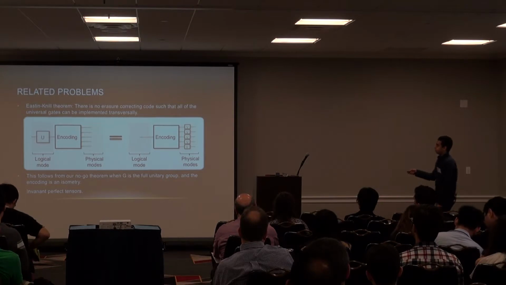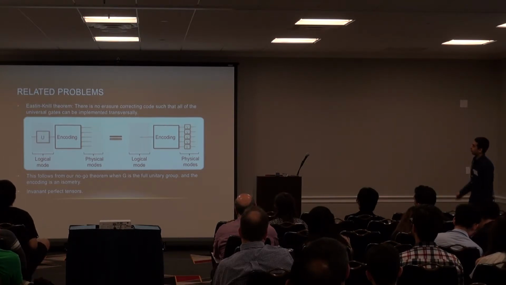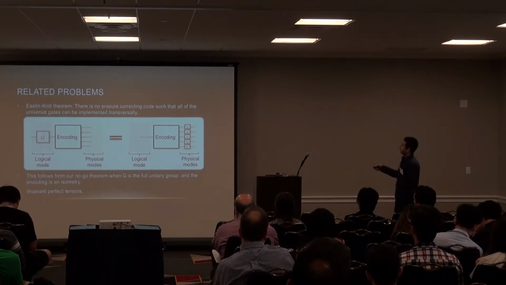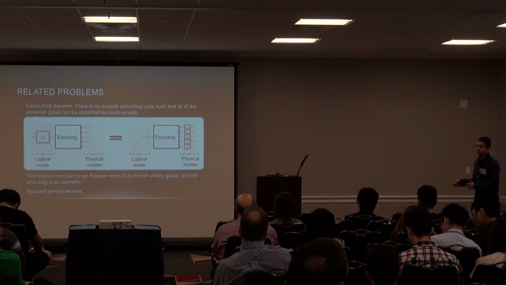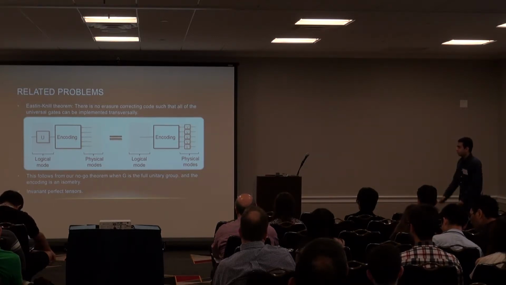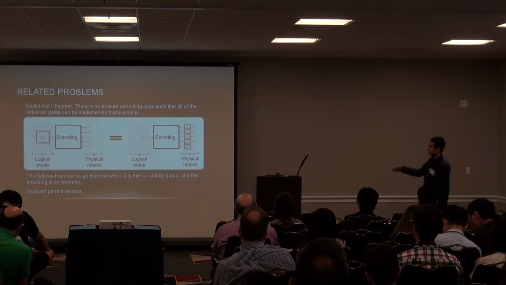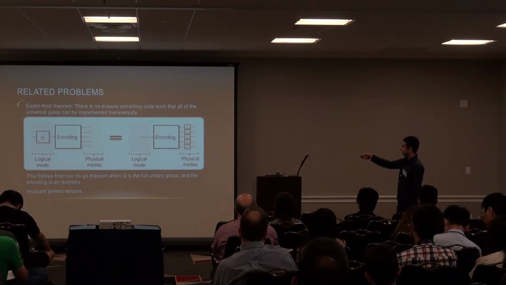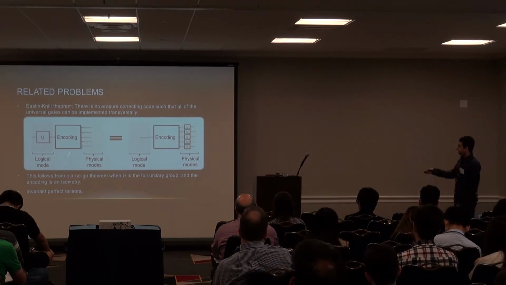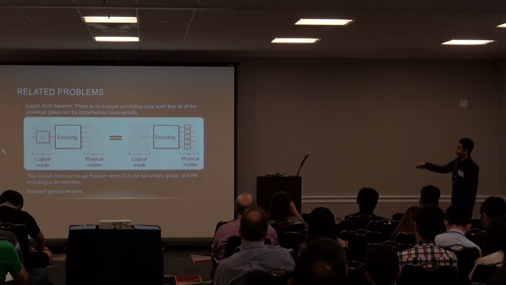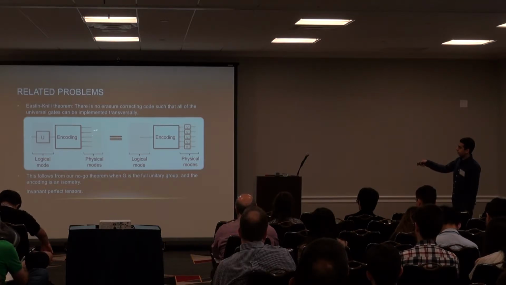So the Eastin-Knill theorem, as you all know, says that it's not possible to have an erasure correcting code in a way that all of the gates can be implemented transversally. And you can see why this is a covariant condition, because the fact that we can implement the transversal gates universally means that, suppose this is my logical space, these are my logical modes, and these are the physical qubits, the physical modes.